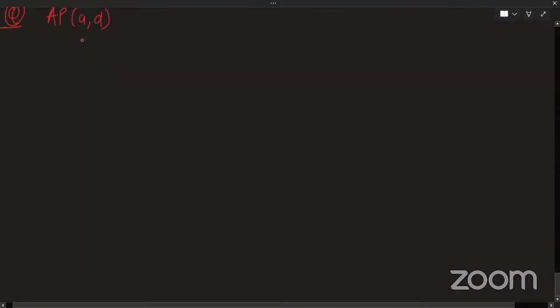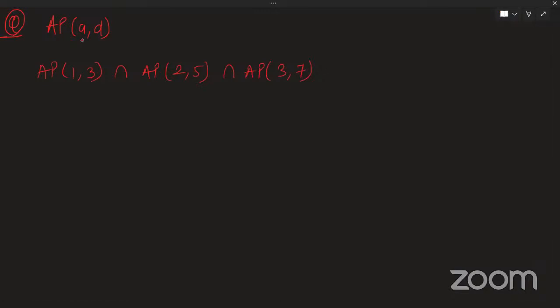So I have AP 1 comma 3, intersection AP 2 comma 5, intersection AP 3 comma 7. There are three APs. The first AP starts from 1 and common difference is 3. The second AP has first term as 2 and common difference is 5. The third AP has first term as 3, common difference is 7.